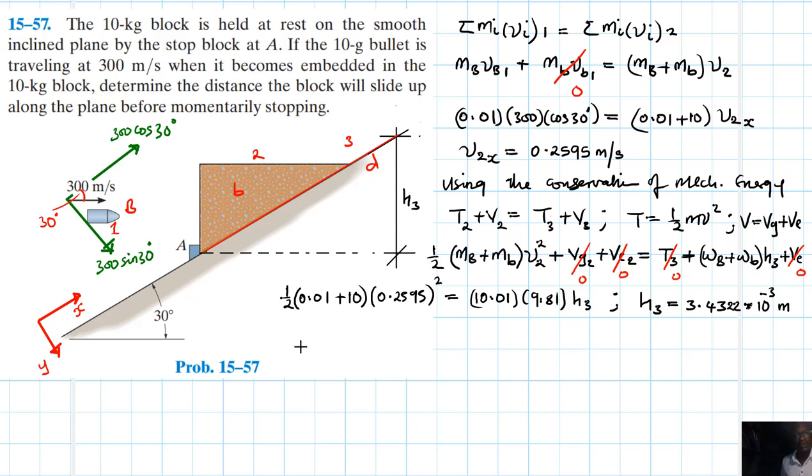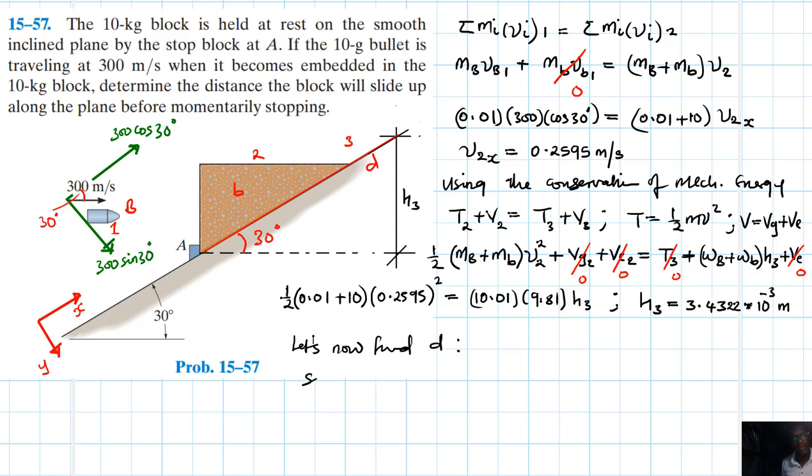Alright, so finding d, we're just going to use the hypotenuse. This angle is 30. So let's now find d.